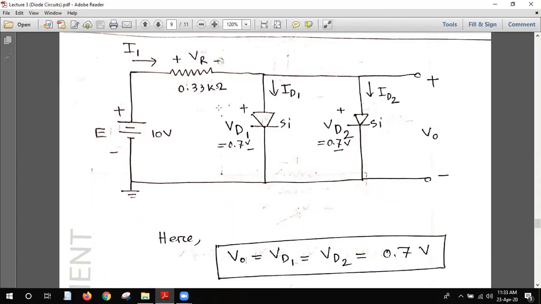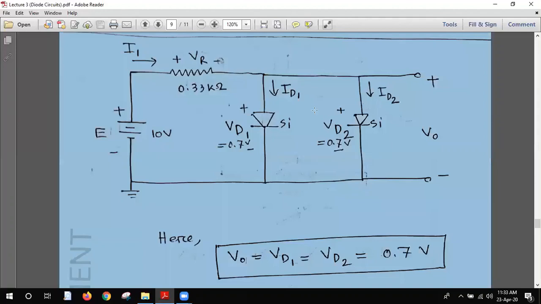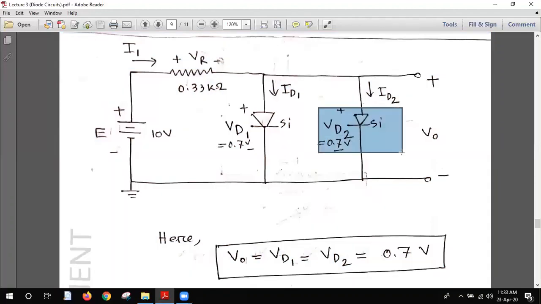You see that these two diodes have the same voltage drop and the same characteristics, so the same amount of current will flow in both. The I1 will come from here and be divided equally between this diode and that diode.